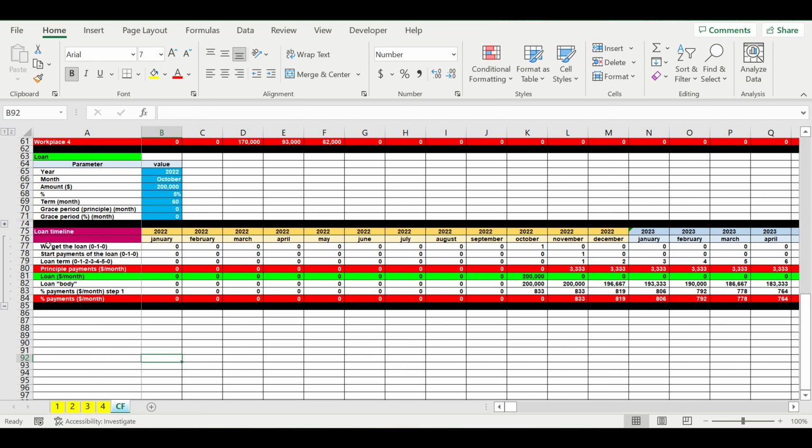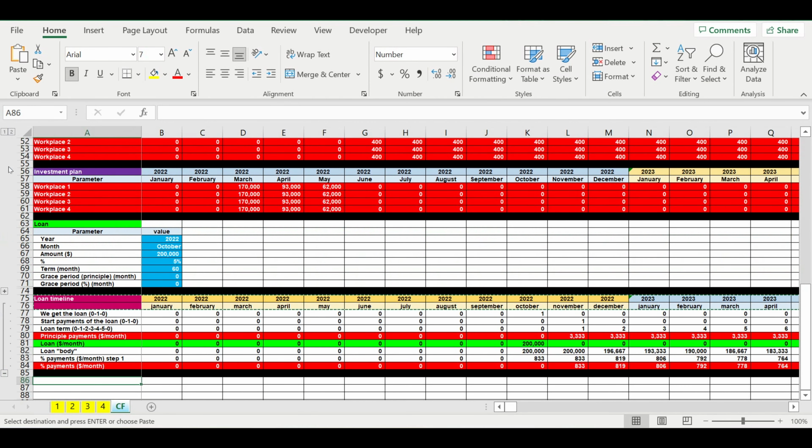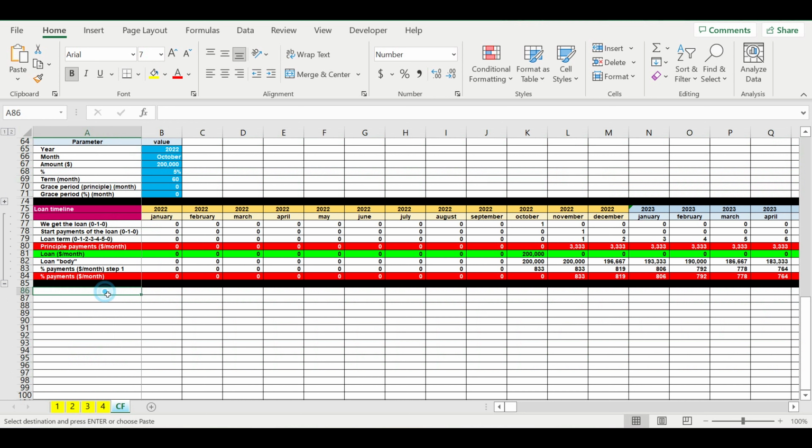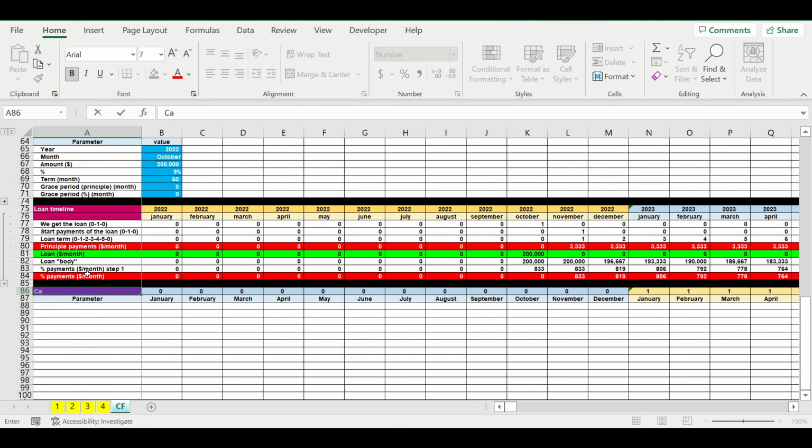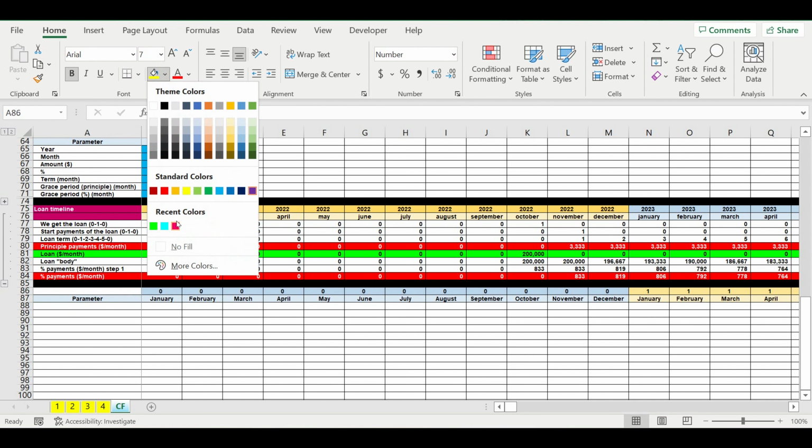So let's start building the cash flow statement. First of all, we have to create a timeline for this statement. So this is the beginning.